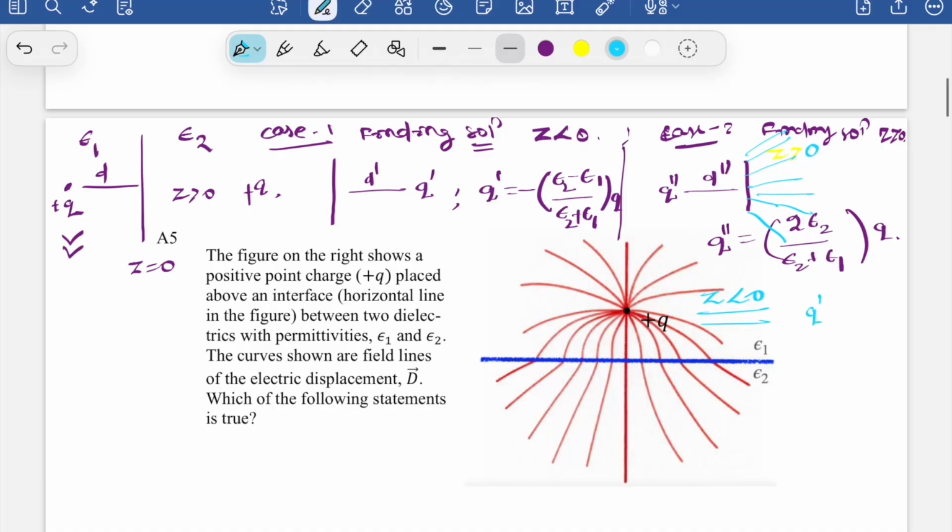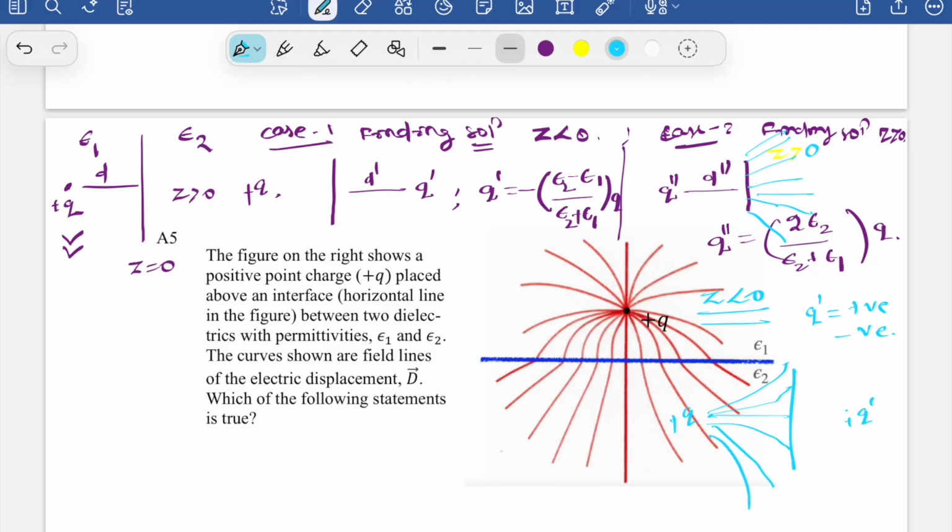Q prime whose magnitude is positive, and another situation where its magnitude is negative. If positive, in case 1, there is a plus q charge here and a positive q prime image charge. You would expect the field line in this region to behave like repelling, like this.